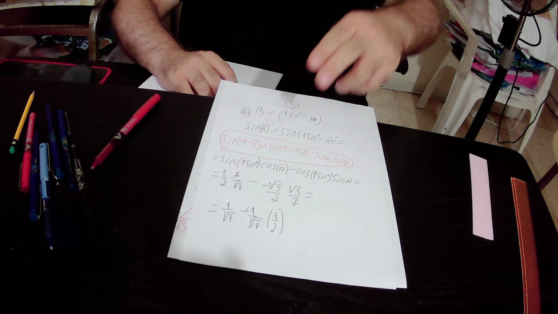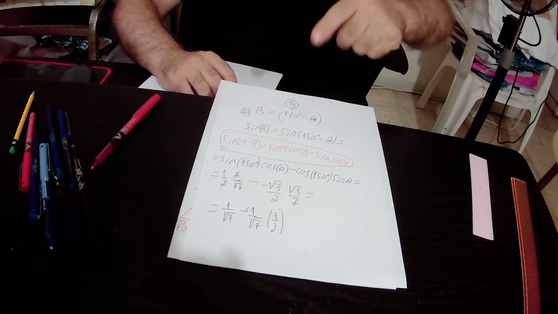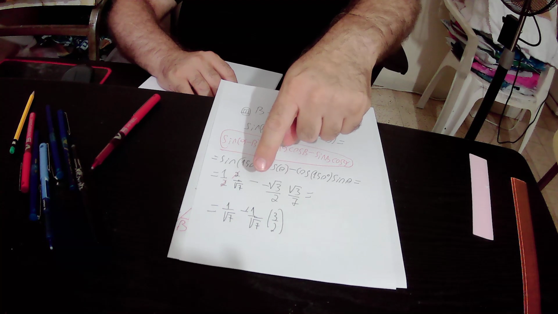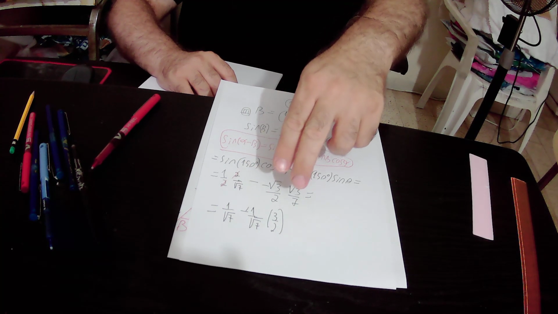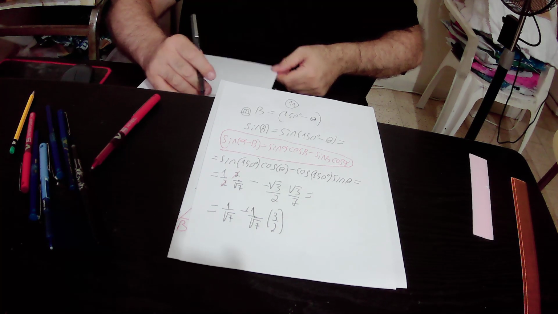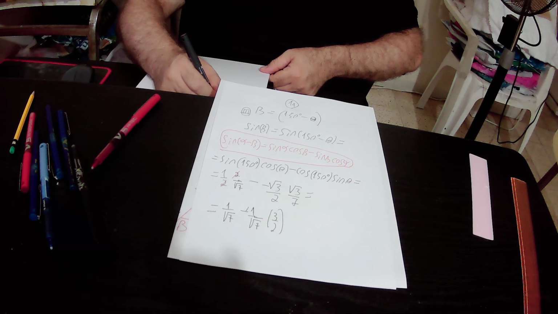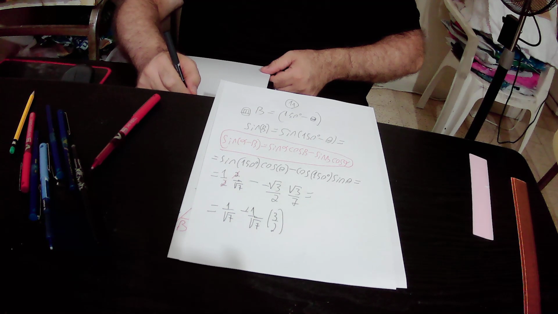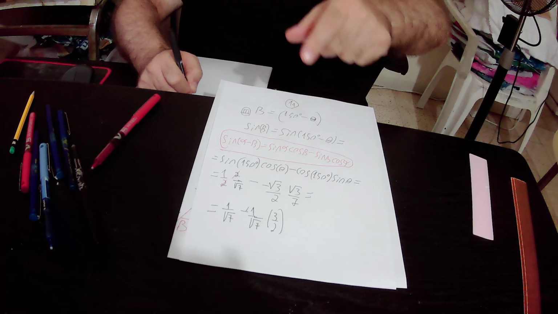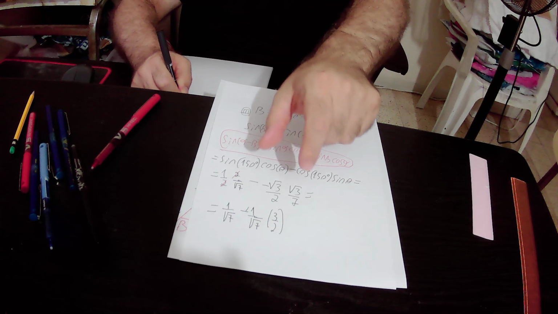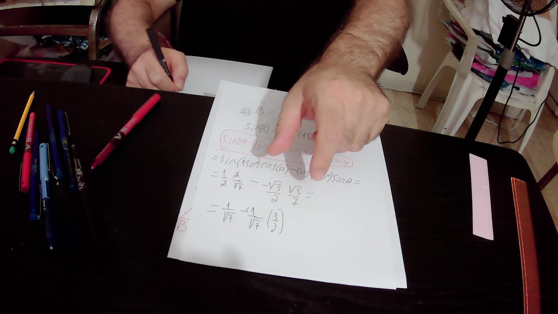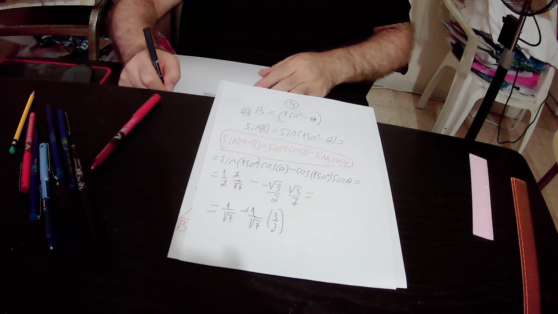Okay, so in the next step we will take out a common factor 1 over root 7 from this expression, and we will get that the value of sinus beta equals 1 over root 7, which is the factor that we took out, and inside the brackets we will have 1 plus 3 over 2.